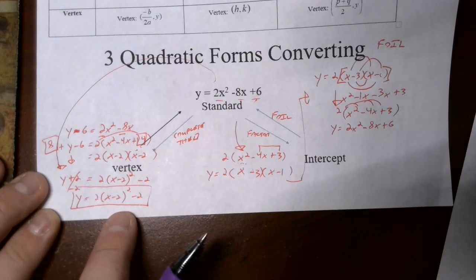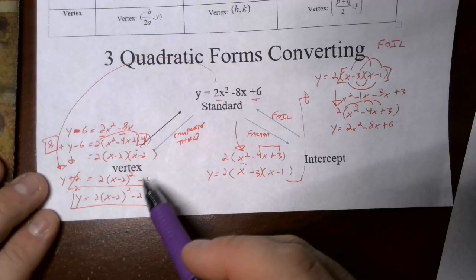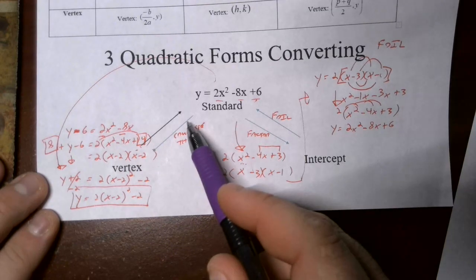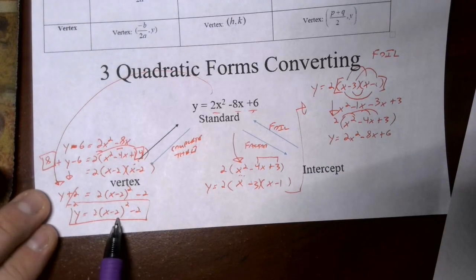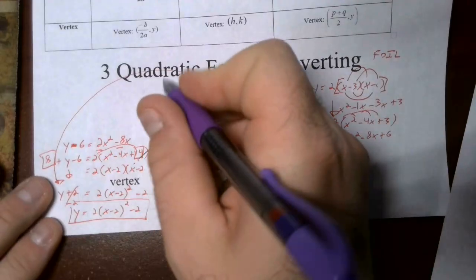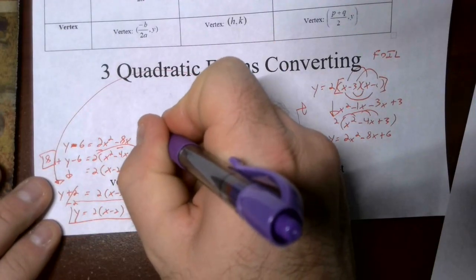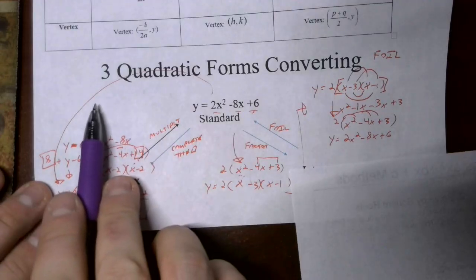And it gives you a lot of features off that. So the last thing I want you guys to see is how to go back from vertex to standard. So literally all you do is multiply this back out. So what we're going to do is just say multiply. Now let's make sure we know how to do that.